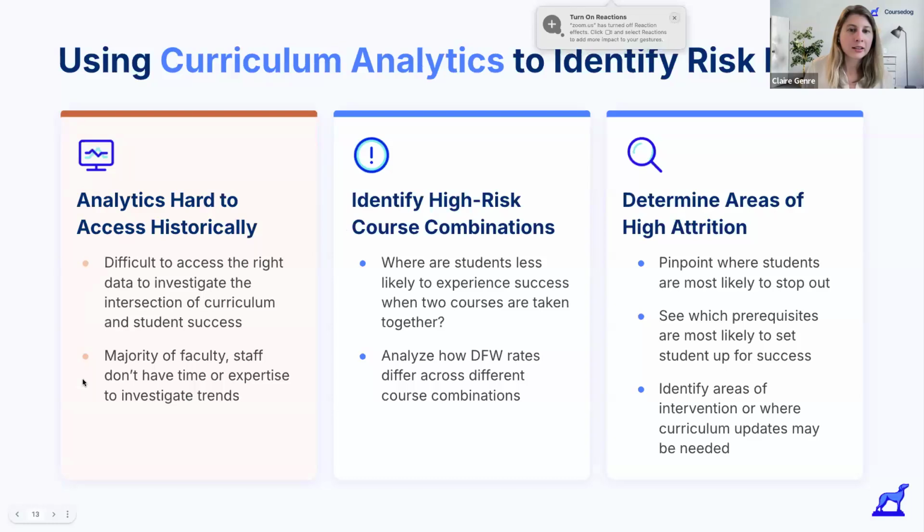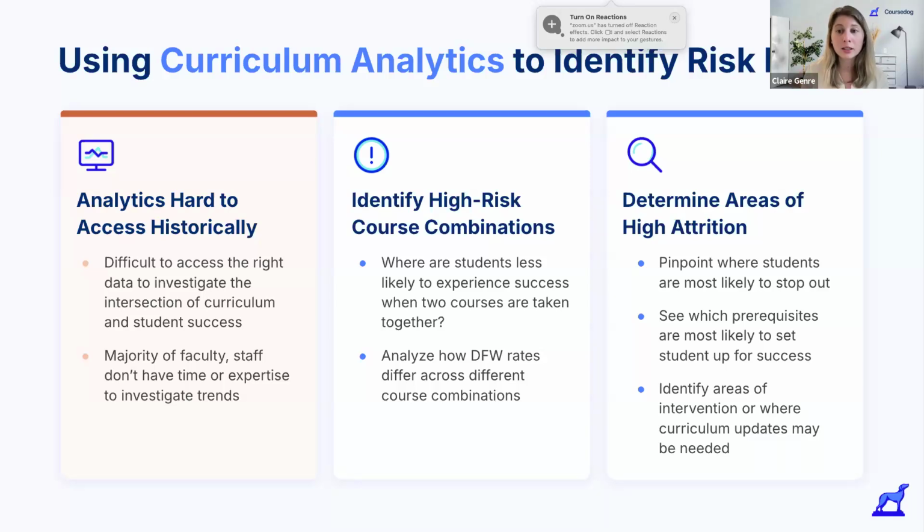The last point I want to touch on the curriculum side of the house is around the analytics. As we saw, a lot of you want to be able to better leverage data to make decisions throughout your academic operations, including curriculum decisions. And these types of analytics, in this case focused around your curriculum, can really help all of you understand where students struggle on their academic journey and identify high-risk points, really taking that zoomed out view, whether it's across programs, across degrees, across different types of students.